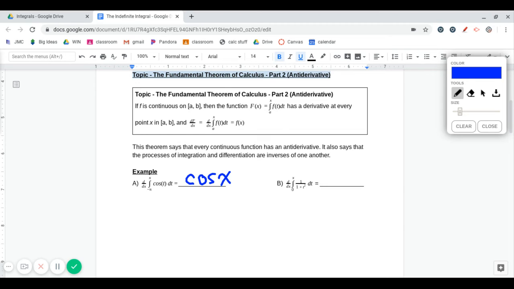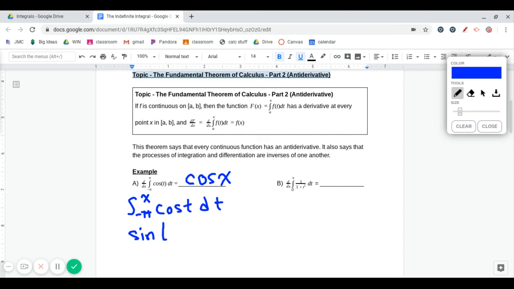So let's first just find the integral from negative pi to x of cosine of t dt. So the integral of cosine is sine.